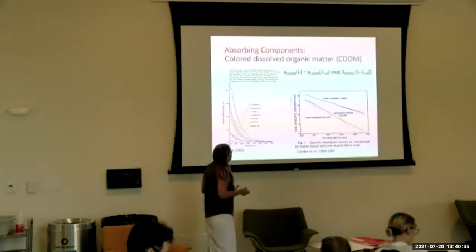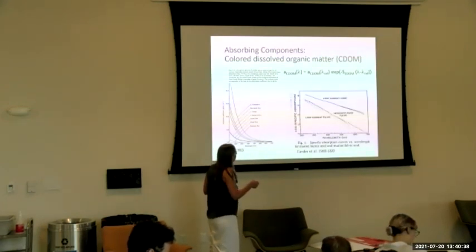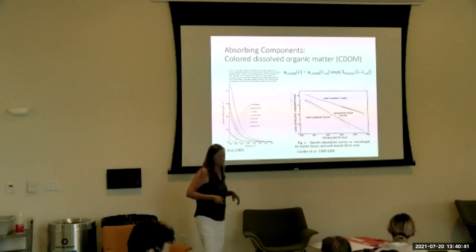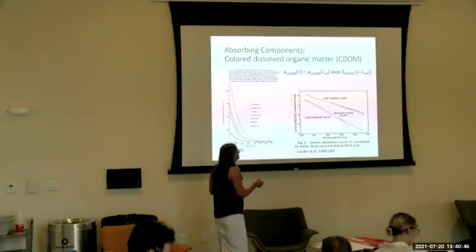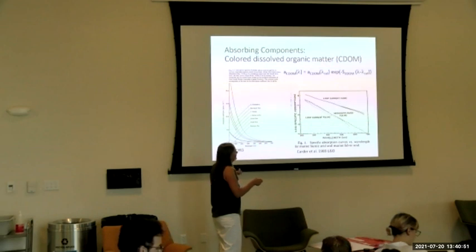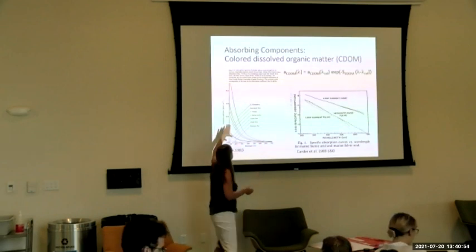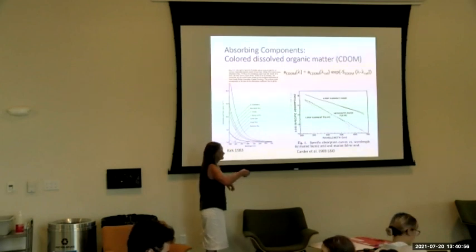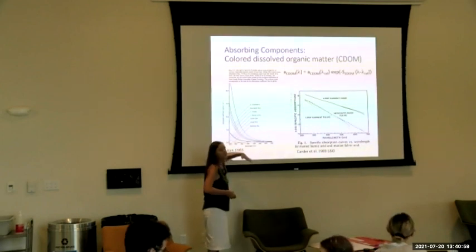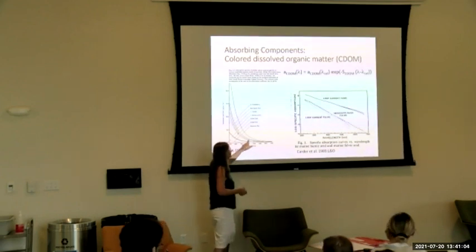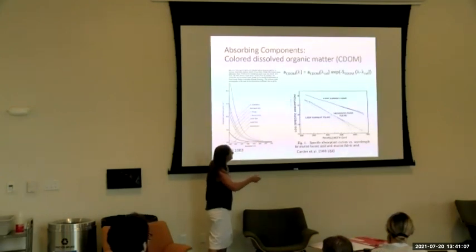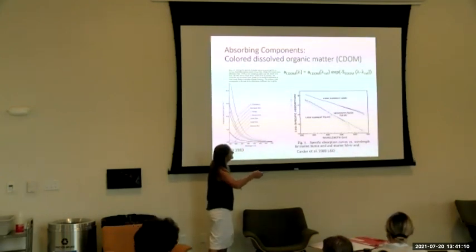Ken Carder first published this back in '89, where he was looking at the currents around Florida in the loop current, and he looked at different chemical extractions of fulvic material and humic material, and found that if you take this spectrum and you put it on a log scale, you take the exponential shape and you get a line. The slope of that line is that exponential slope. And you can see that the slope of this line varies, and that humic material tends to be flatter and fulvic material tends to be steeper.